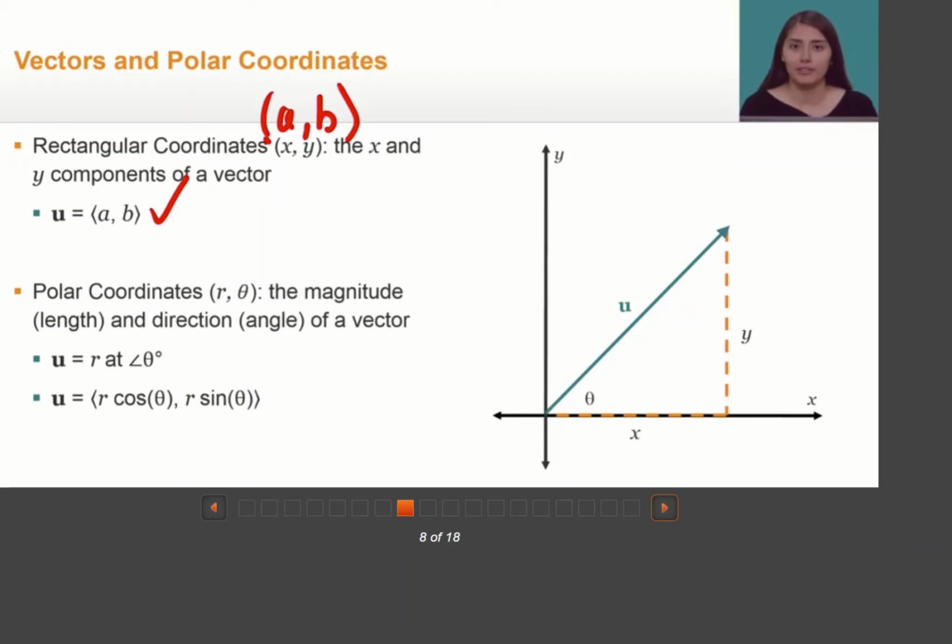With polar coordinates, the radius from the origin, denoted as r, is the magnitude or length of the vector, and the angle theta is the direction of the vector. Polar coordinates of a vector in component form are written with the horizontal component as r cosine theta and the vertical component as r sine theta.